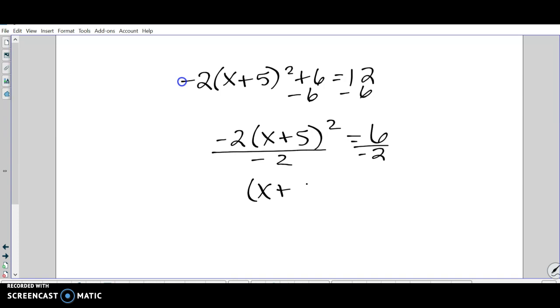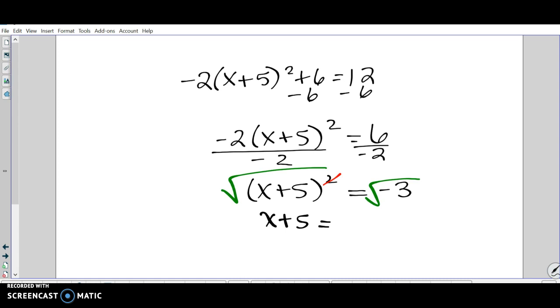So now I'm only left with the parentheses squared, which I can undo by taking the square root of both sides. When I do that, these cancel out because a square root undoes a square, leaving me with x plus 5. Oops, I've got a negative under my radical, so it's going to be plus or minus i root 3.